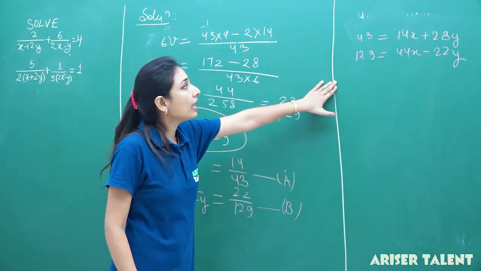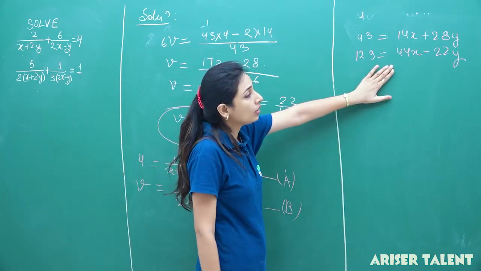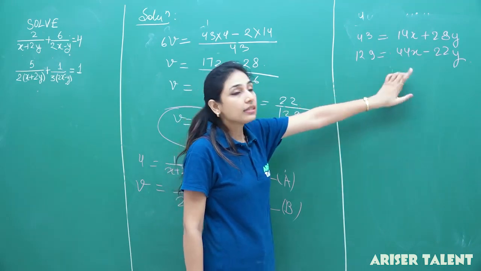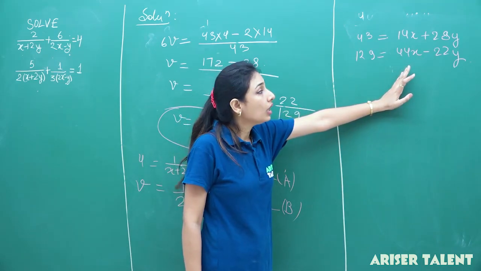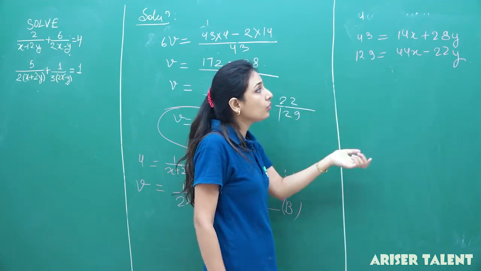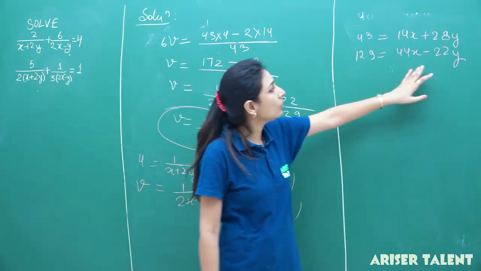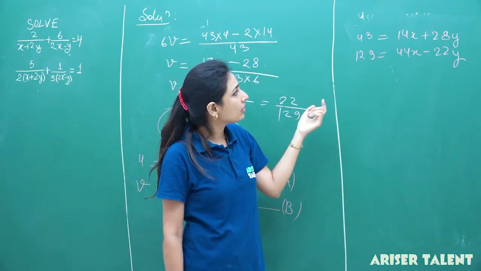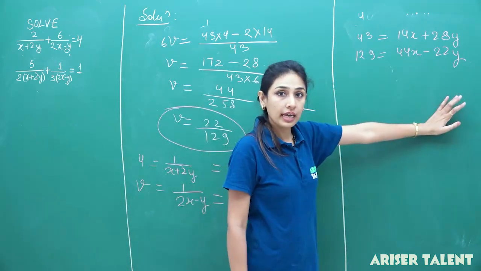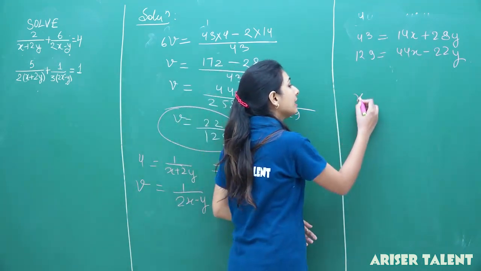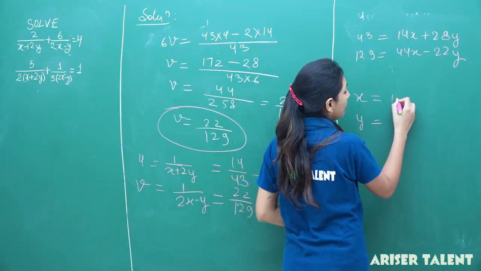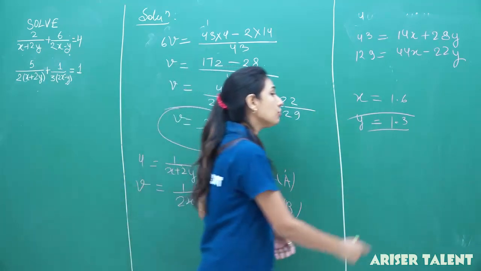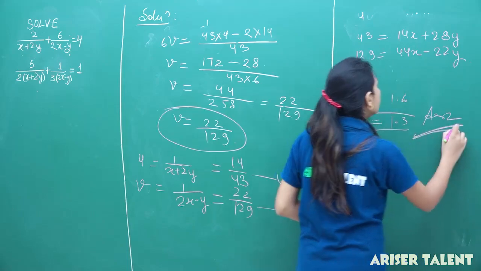Now students, these are two basic equations that we can solve in x and y terms. We can just equate the coefficients and follow the procedure. From there, you will get the values of x and y, approximately 1.6 and 1.3, right?